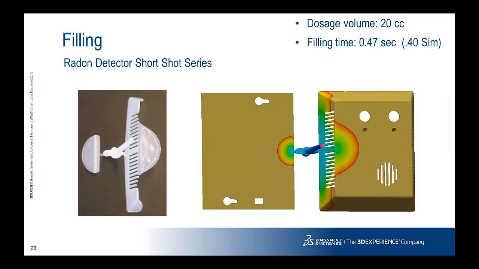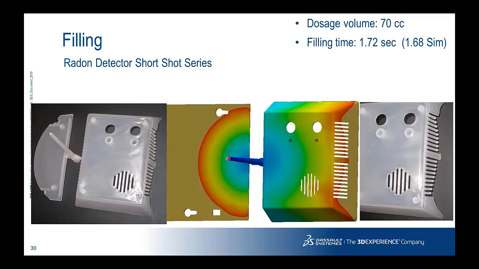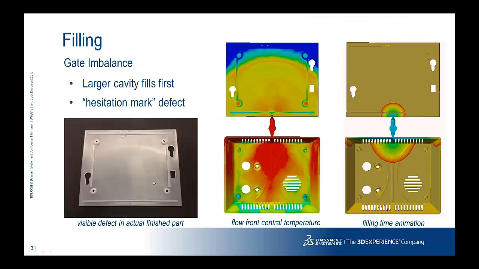From the filling time point of view, you can see that they are very similar to the final part. Again, this is 1.48 and 1.4 in the simulation. This is more advanced. You can see also here in the rib section, it's very similar to the final part.